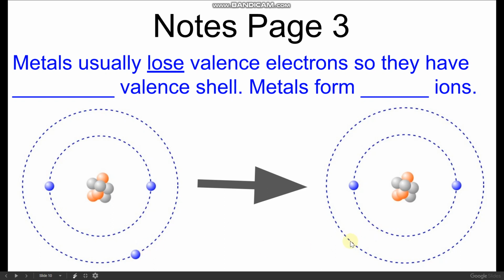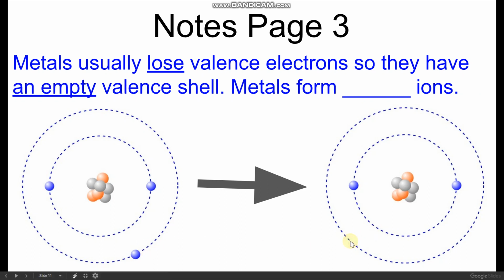When it does that, it's going to have an empty valence shell. And because now it has more protons, 1, 2, 3 protons, than electrons, 1, 2, and because protons have a positive charge, that lets us know that metals form positive ions.